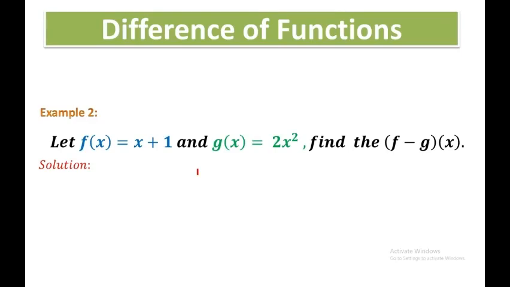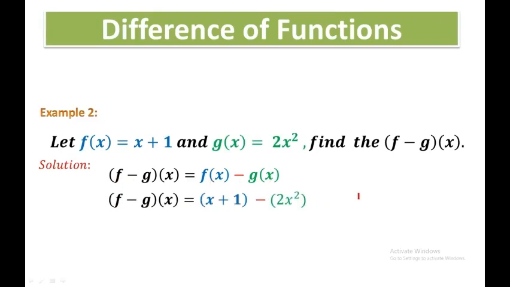For our solution, f minus g of x is equivalent to f of x minus g of x. So replace the values of f of x and g of x: x plus 1 is our f of x, and 2x squared is our g of x.